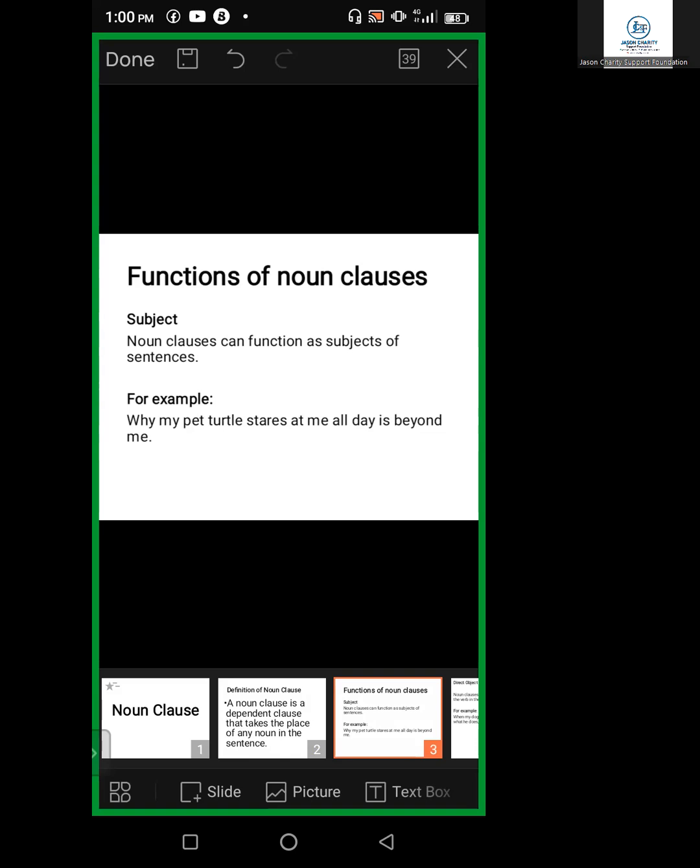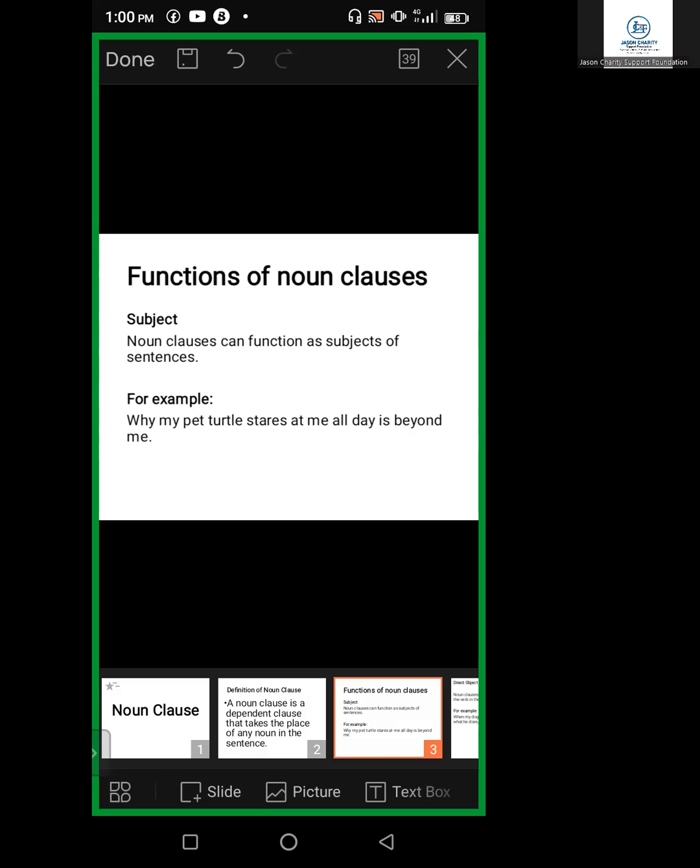So a noun clause can be used as a subject of a sentence or a subject of a verb used in a sentence. If you look at the example we are given, "Why my pet turtle stares at me all day is beyond me." If we read the first part of it before the verb "is", you realize that if you just look at someone and say, "Why my pet turtle stares at me all day," and you keep your mouth shut, the person will ask you, what next?